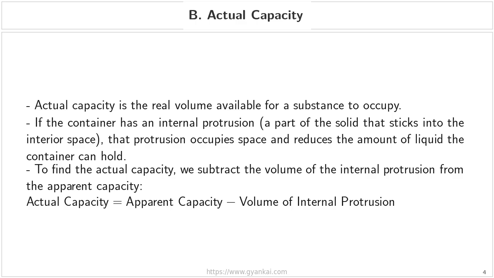To find the actual capacity, we take the apparent capacity we discussed in the previous slide and subtract the volume of that internal protrusion. In mathematical terms, we express this as actual capacity equals apparent capacity minus the volume of the internal protrusion. In the next slide, I will show you a step-by-step process on how to approach these types of problems systematically.